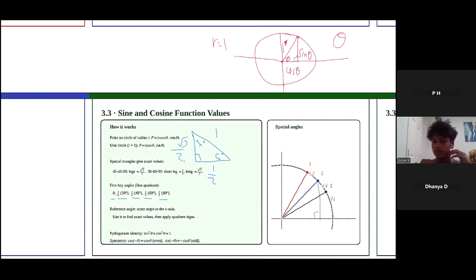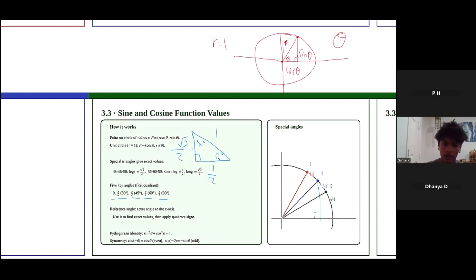So from this, alternating between sine and cosine between 30 and 60 degrees, we can see that sine of 30 degrees equals 1/2. In this case, 60 degrees would be the theta, right? So cosine of 60 degrees would be 1/2. And sine of 60 degrees would be root 3 over 2.